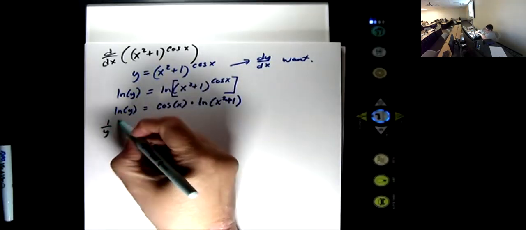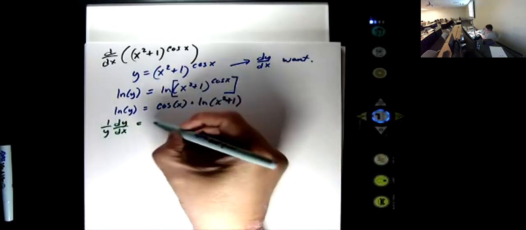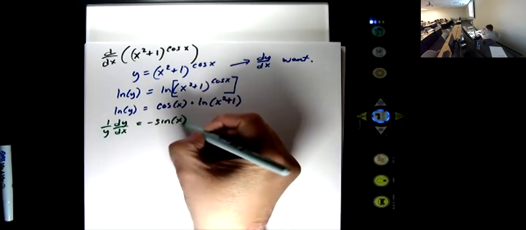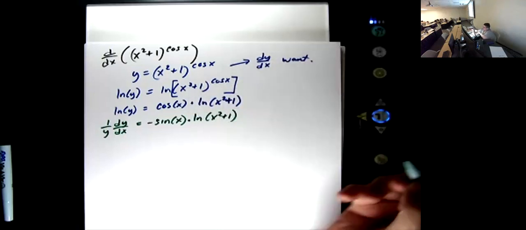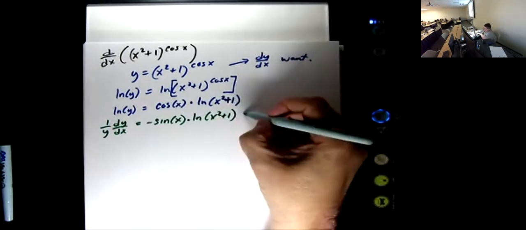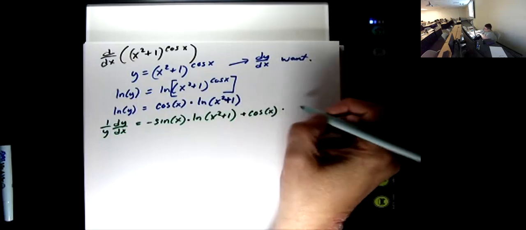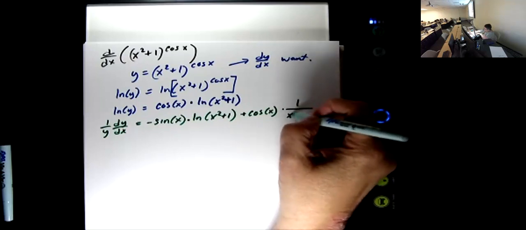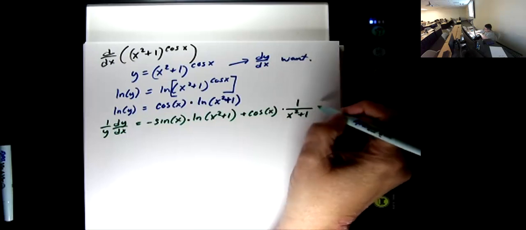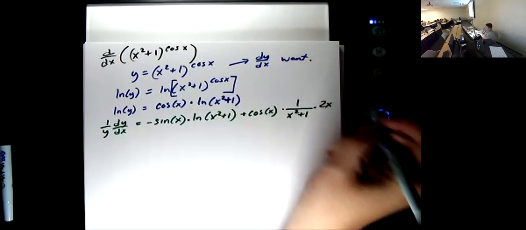The product rule, right, on the right side? We're going to take the derivative of the first, which is negative sine x. We leave the second one alone. And then we leave the first one alone and take the derivative of the second, which is a chain rule. We do the natural log first, 1 over the argument, and then I take the derivative of the inside, which is 2x.